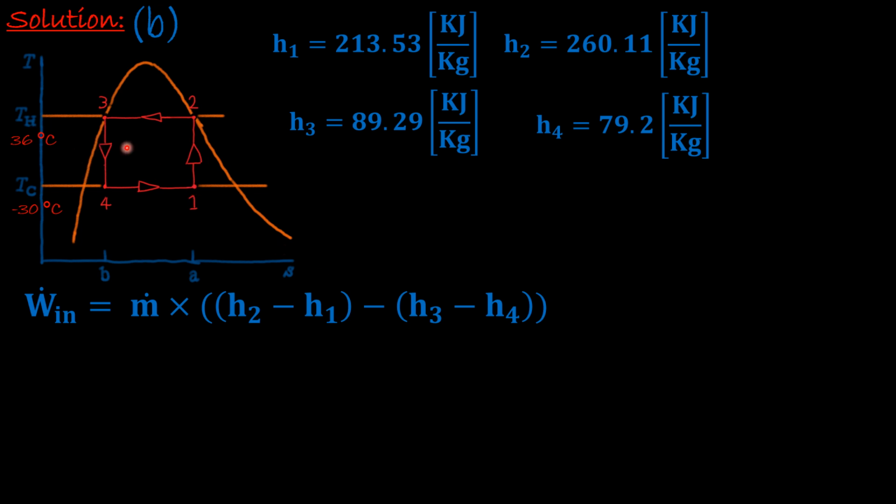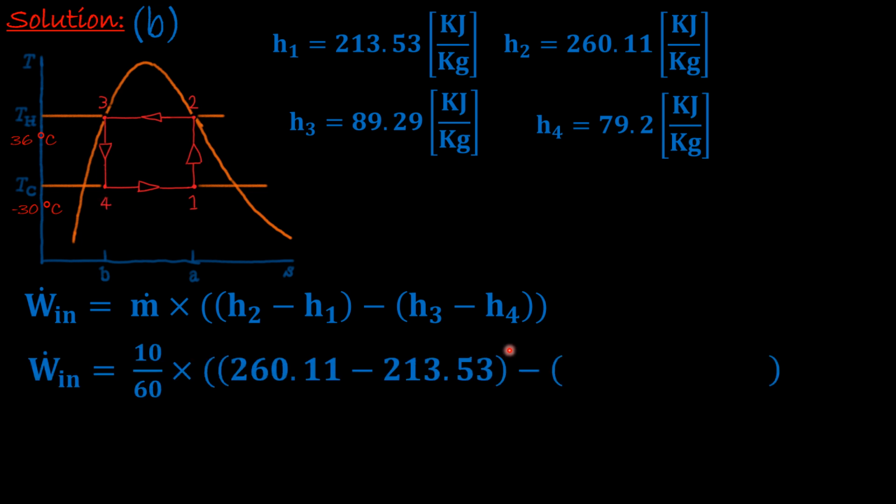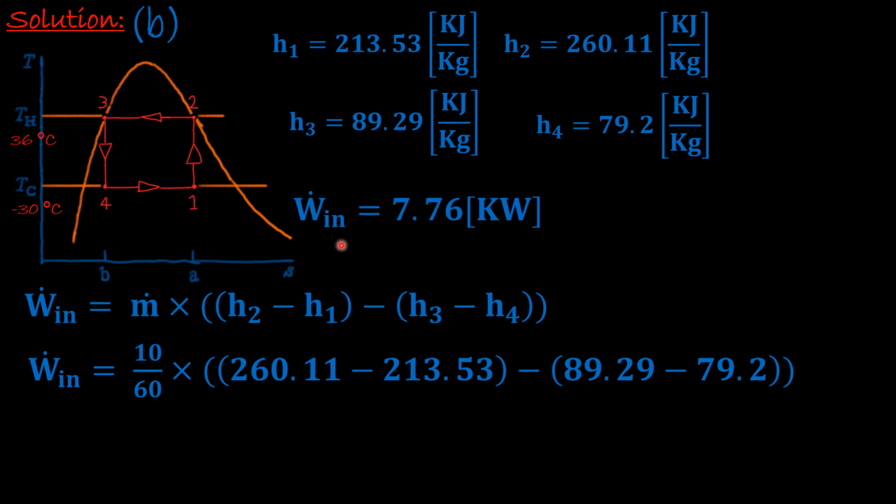And also the same thing for the turbine. Well, it will produce work, from the high enthalpy to low enthalpy. Then we will plug in the values that we found from the tables and that we calculated in here, and it will give us that the net work power is 7.76 kilowatt.